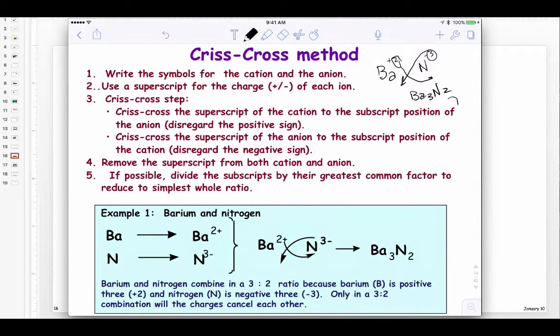If we write that out, what we really have is 3 barium at +2 apiece and 2 nitrogen at -3 apiece. If we look at the positive, this would be +6, this would be -6. You can see that it's electrically neutral. That's what we mean by electrical neutrality.